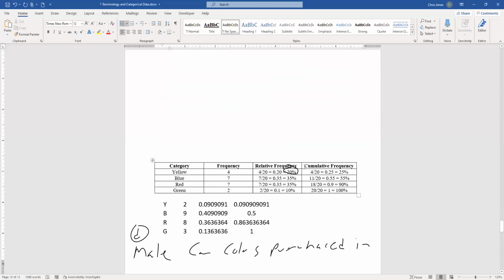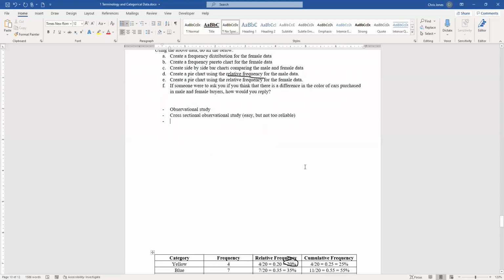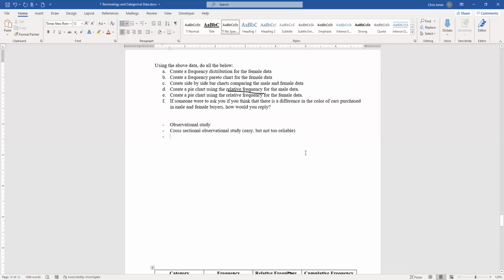Remember when we did the bar charts, especially the side-by-side bar chart? I know I did this a while ago, but looking at the side-by-side, I'll just say SBS bar chart, we noticed that there was no major disparity between color and gender except for yellow.